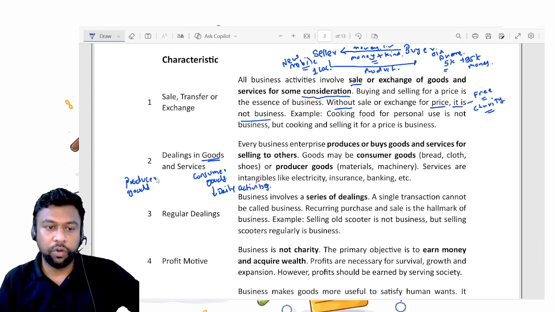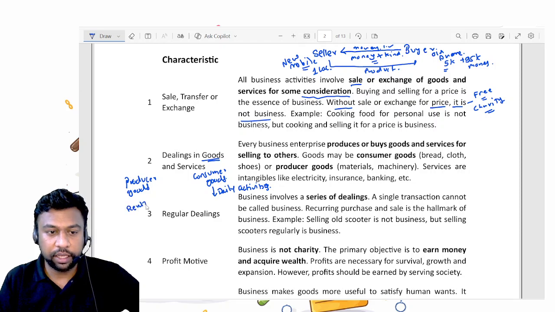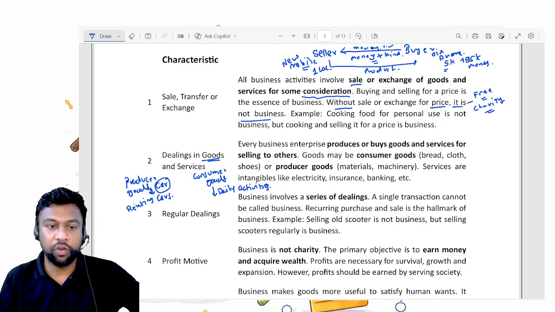Producer goods are what, like the first example which we have seen, there is one person who wants to do business of renting cars. For him the car will be a producer good, because he will do business from that and he will earn something.